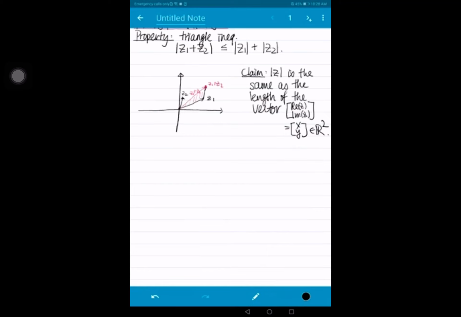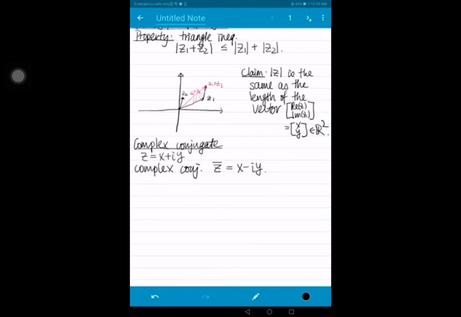Okay, so the next operation is called the complex conjugate. Right? So z equals x plus iy. What is the complex conjugate? So the complex conjugate, which we denote by z bar, is nothing but changing the imaginary part from y to minus y.